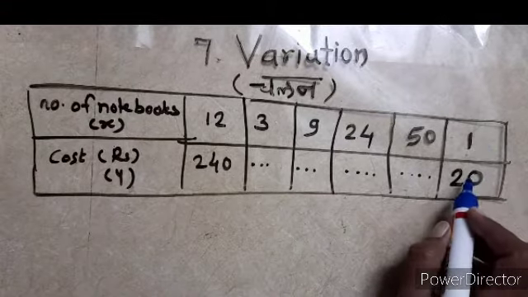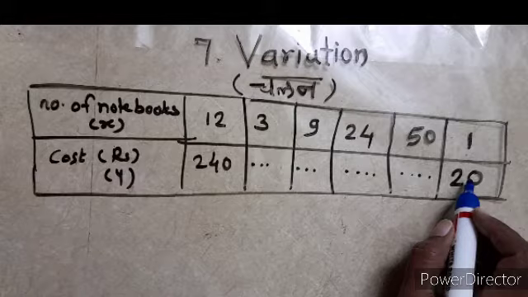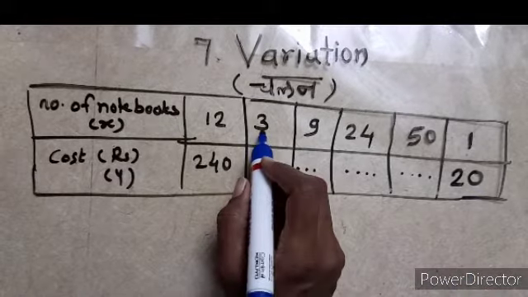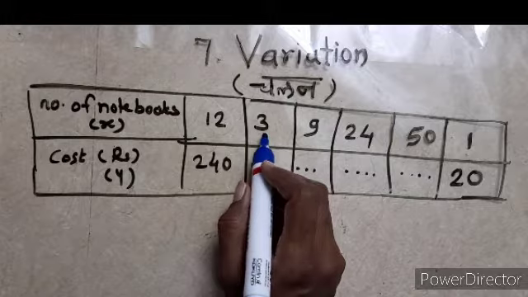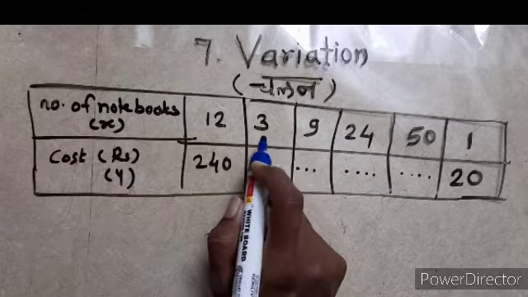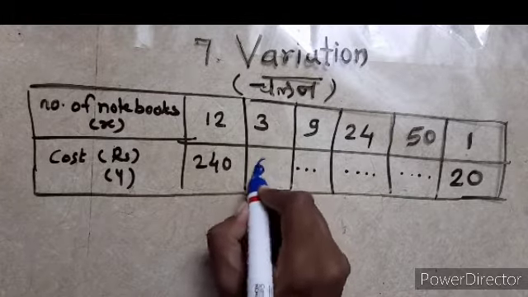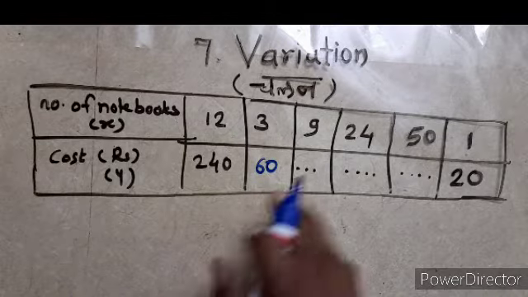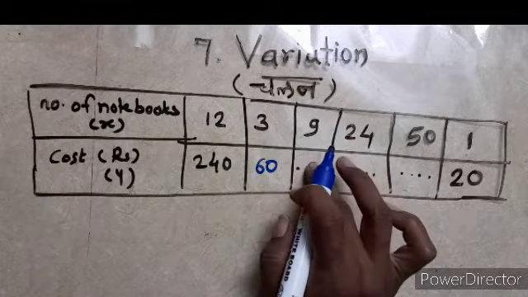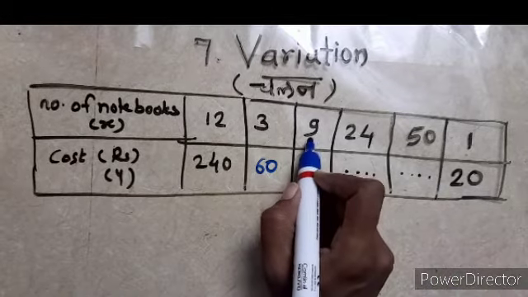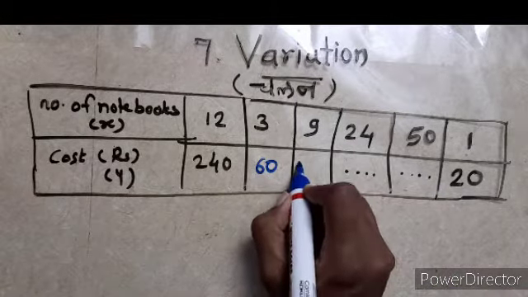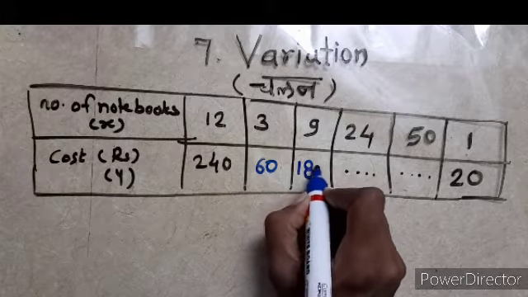Here one notebook costs rupees 20. So to buy 3 notebooks we have to pay 20 multiplied by 3, means rupees 60. To buy 9 notebooks we have to pay 20 multiplied by 9, means rupees 180.